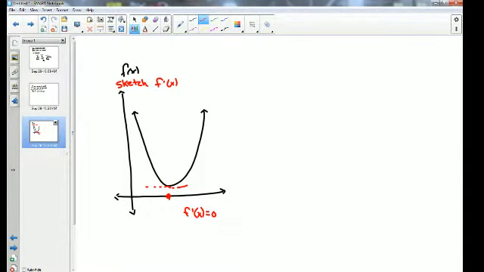We just established that the derivative over here is negative, and the derivative here is positive. It's just slope, negative slope, positive slope.